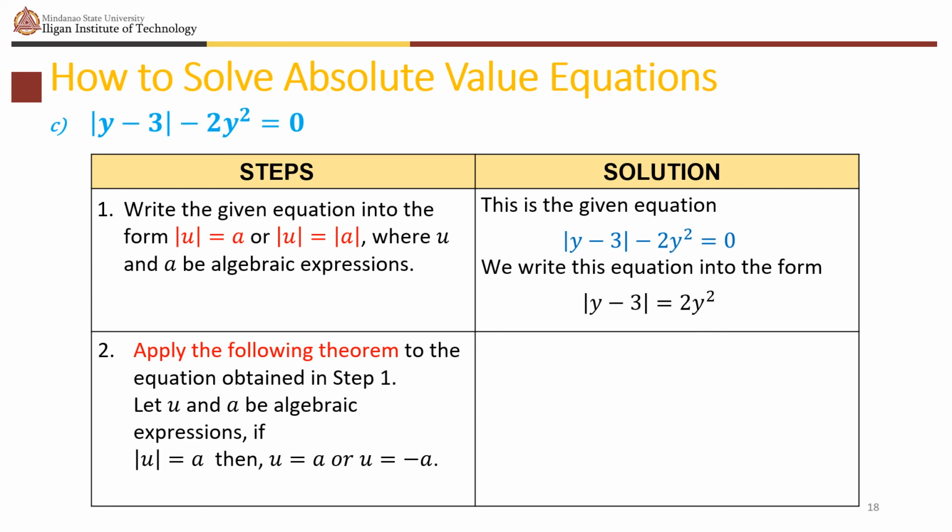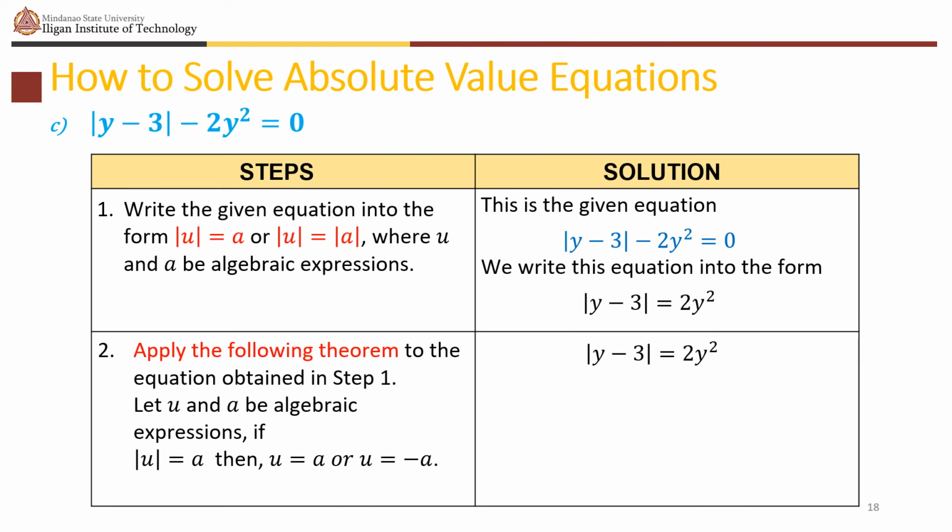So we now apply the following theorem to the equation, that is absolute value of u is equal to a, then u is equal to a, or u equals minus a. So from there, we now have the following, that is absolute value of y minus 3 equals 2y squared.